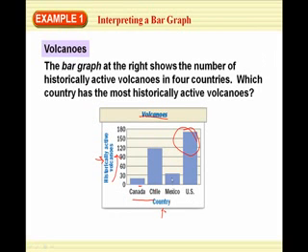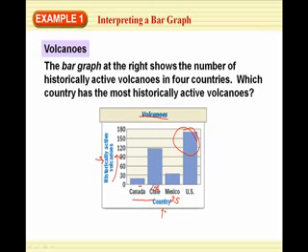Mexico has about, see that bar right there, it's going a little bit higher than 30, and from there to there is 60. I'm not sure what the book is going to say, but I'm going to say Mexico is in a range of about 35. Chile, it's not quite 120, so let's call it 115. That looks good.